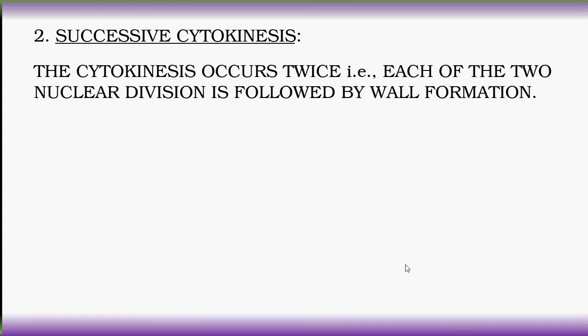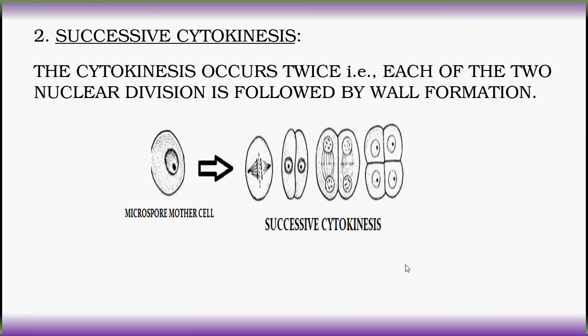Successive cytokinesis: the cytokinesis occurs twice, that is, each of the two nuclear divisions is followed by wall formation. See the photograph. The microspore mother cells undergo meiosis division. The first meiosis division forms two nuclei, and these two nuclei are separated by wall formation. That means cytokinesis occurs after the end of meiosis 1 as well as at the end of meiosis 2.